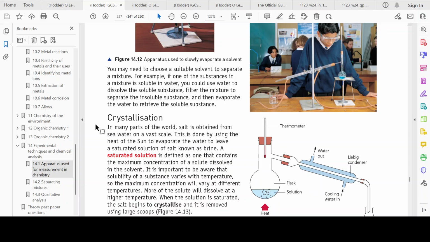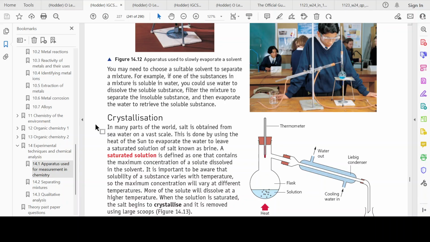Then you filter it, and you have the residue which you don't want, and then the filtrate, which does contain the solid in dissolved form in water, which you want to separate. Then you do slow evaporation and you get rid of the water, and so you'll have a solid left behind, which is the solid that you want.